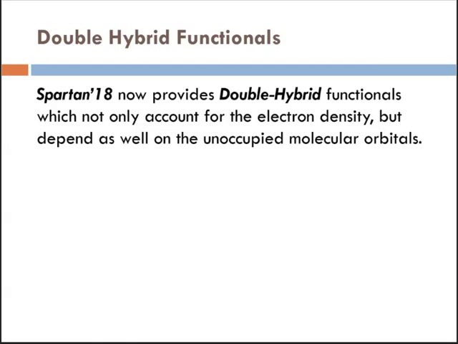The current stage of improvements are called double hybrid functionals, because the community doesn't really know anything about nomenclature. These are methods that, in addition to the dependencies that I showed before, also bring in a dependence on the unoccupied molecular orbitals.